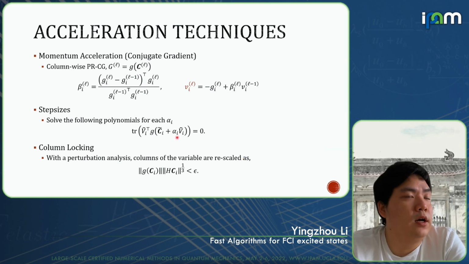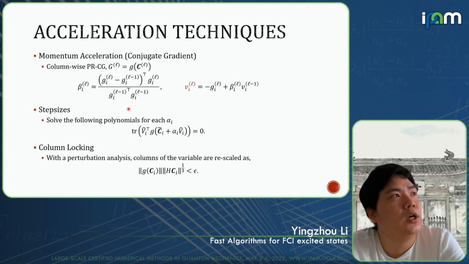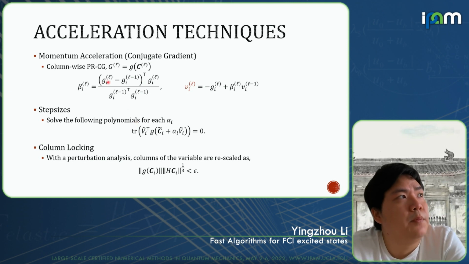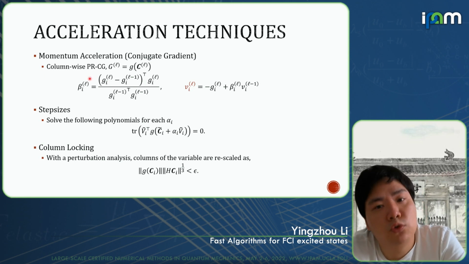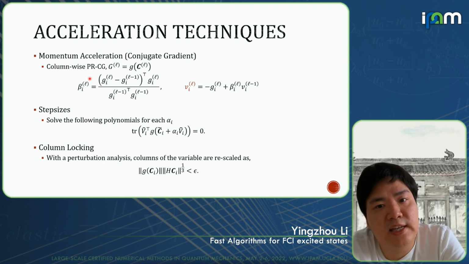In addition to the analysis, we can also introduce some techniques to accelerate the iteration. But those acceleration techniques need to be redesigned because we are no longer a gradient descent method or gradient descent-like method, because the direction is no longer a gradient.